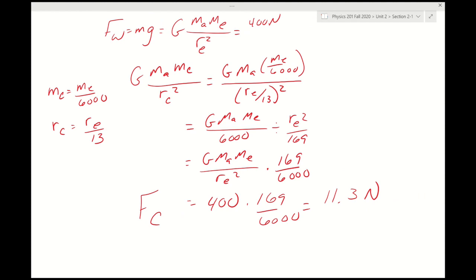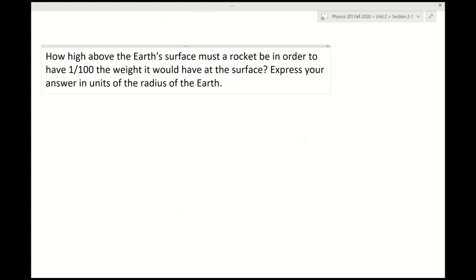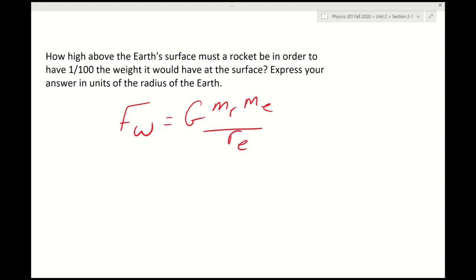I'm going to multiply out this denominator, radius of the Earth squared plus 2 times radius of the Earth times the height plus the height squared. If I then get this by itself, radius of the Earth squared plus 2 times radius of the Earth height plus the height squared is equal to 100 big G, mass of the rocket, mass of the Earth over the weight.